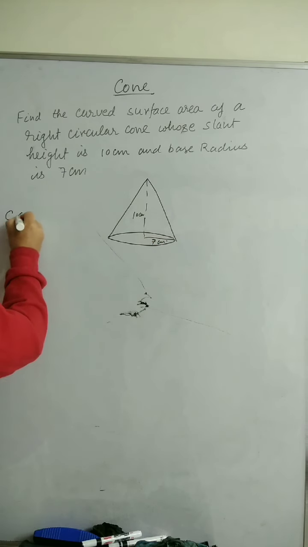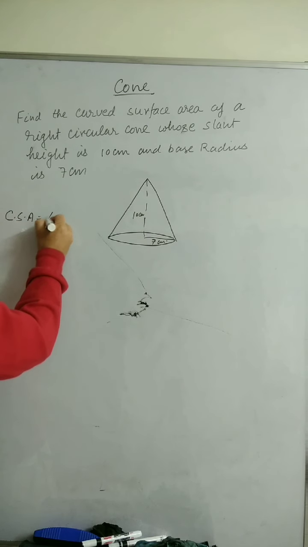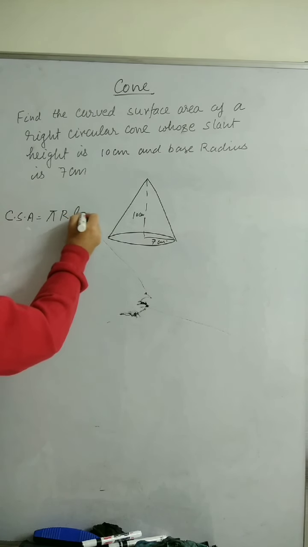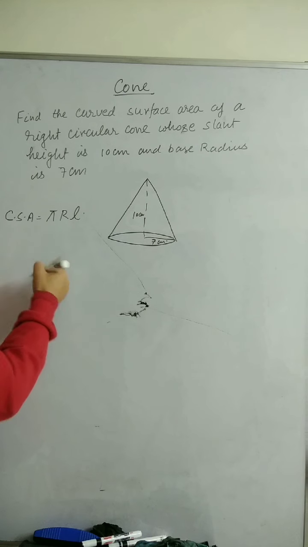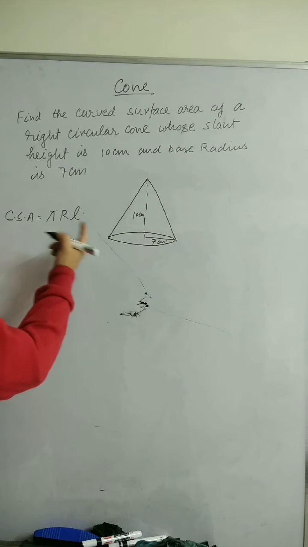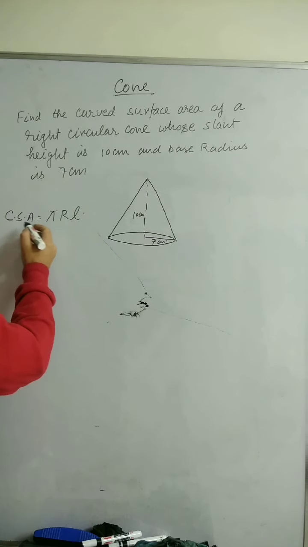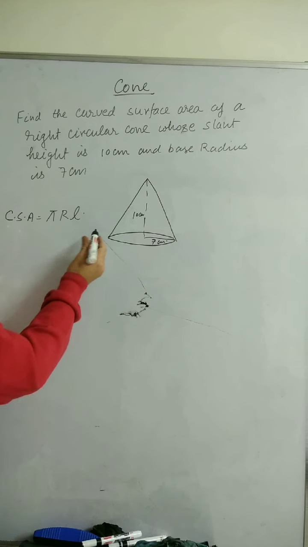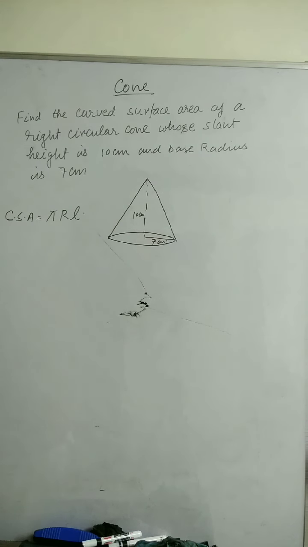The formula for curved surface area is pi r L. In the last lesson, I told you this is for a solid cone. If it's not mentioned in the question whether hollow or solid, you take it as a solid cone only. If it's a hollow cone, it will be given in the question. Otherwise, you take it as a solid cone.